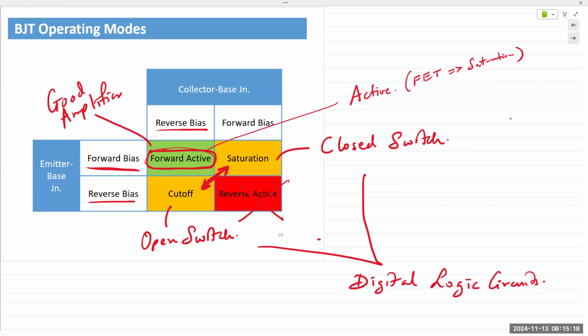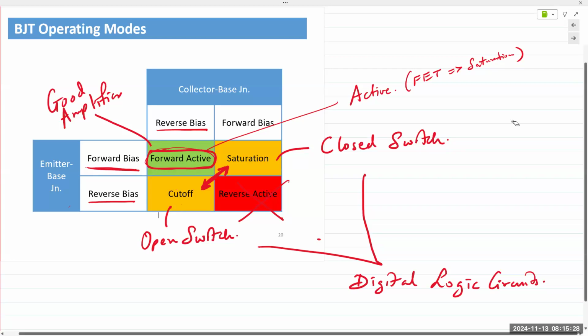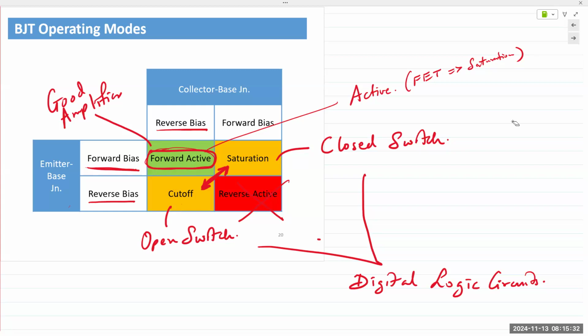If the emitter-base junction and the collector-base junction are both reverse biased, then the transistor is operating in cutoff. When it's cut off, there's minimal current flow, similar to the FET, where at the bottom of the chart there's almost zero current flow.